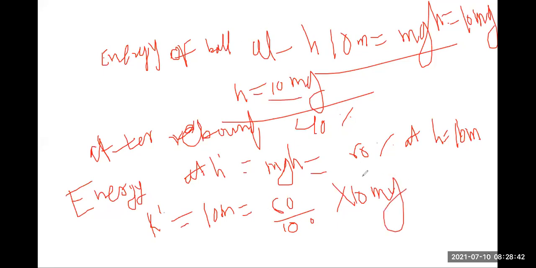Then the zero cancels, 10 ones are 10, 10 sixes are 60, and we get 6 mg.